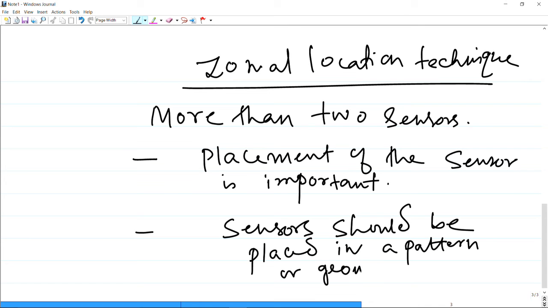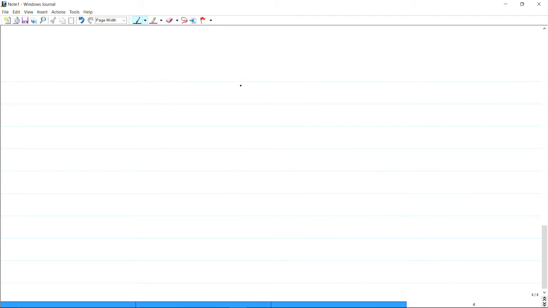Or in some geometric shape, so that you know how exactly the sensors are placed and what is the distance between them and so on. For example, 3 sensors can be placed in a triangular fashion.